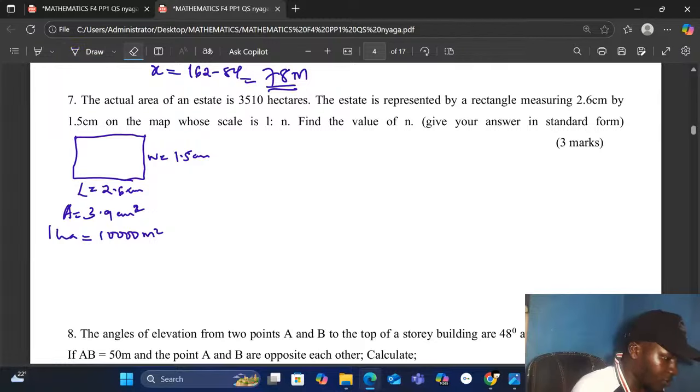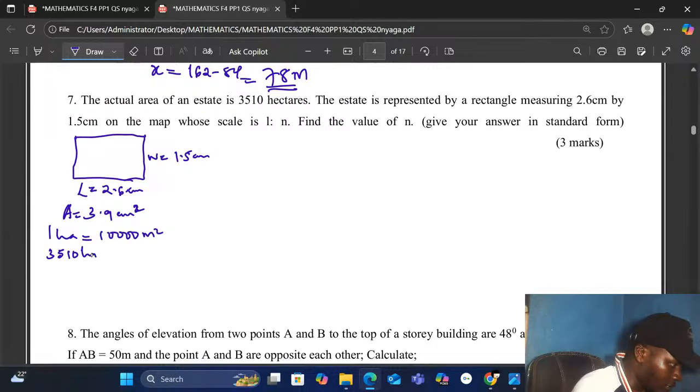Therefore, we look for what 3,510 hectares represent. So the area will now be 3,510 times 10,000.